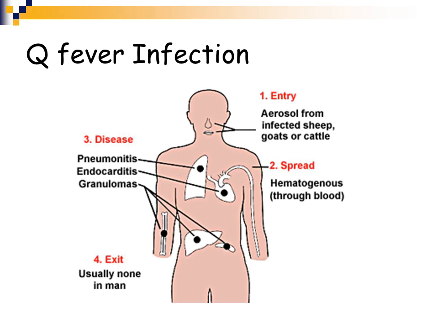So Q fever, individuals are commonly infected by breathing in aerosols from infected sheep, cattle, or goats. So what happens is people may work on farms that have infected animals. These animals are urinating, defecating, and their milk can be contaminated with Coxiella.